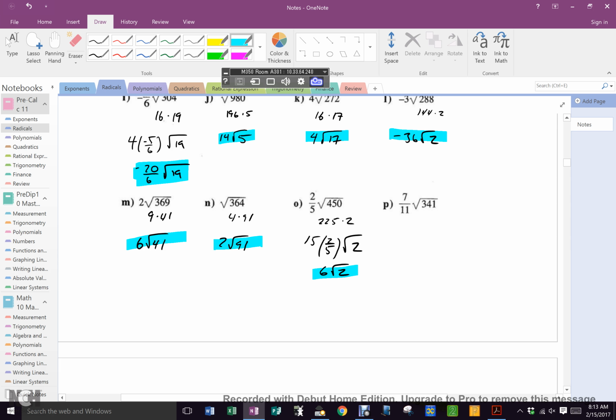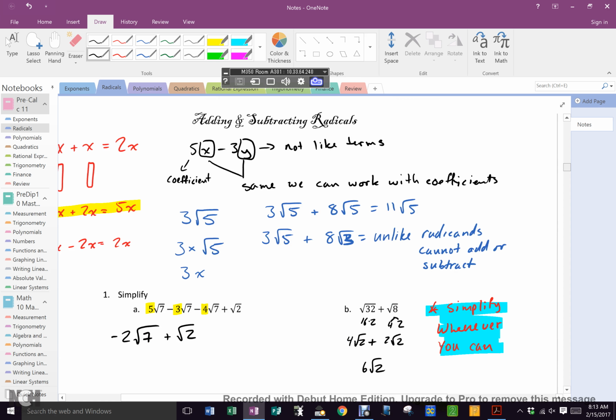And 341 is not a prime number, but its only factors are 11 and 31, which are prime numbers, so you can't make 341 any simpler anyway. Everyone okay with page 32? Once, twice, thrice. Lovely.